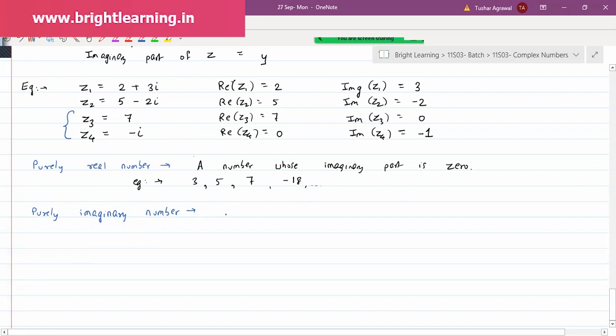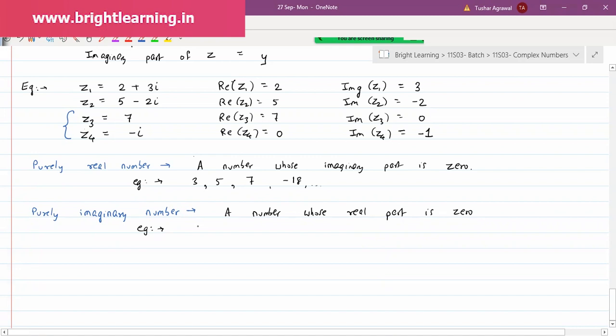A purely imaginary number is a number whose real part is 0. So what will this number look like?